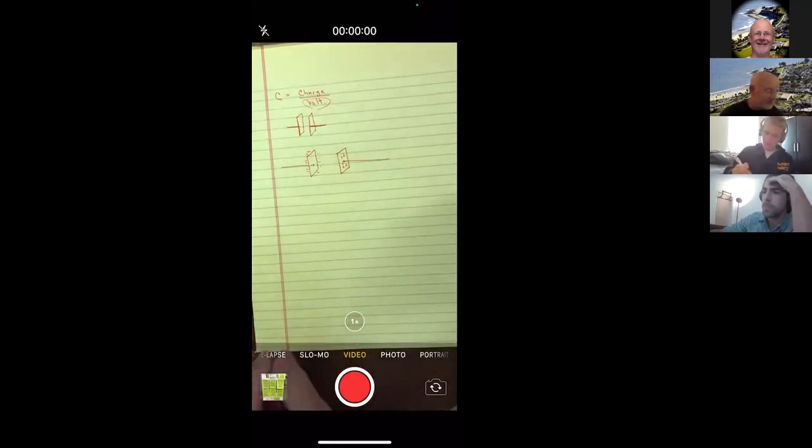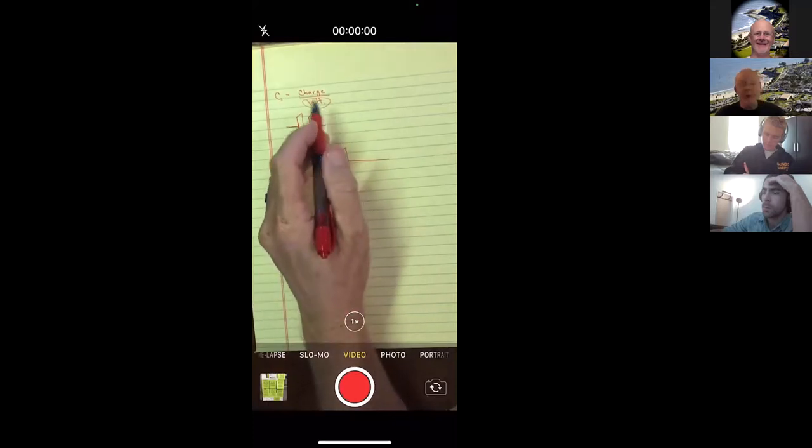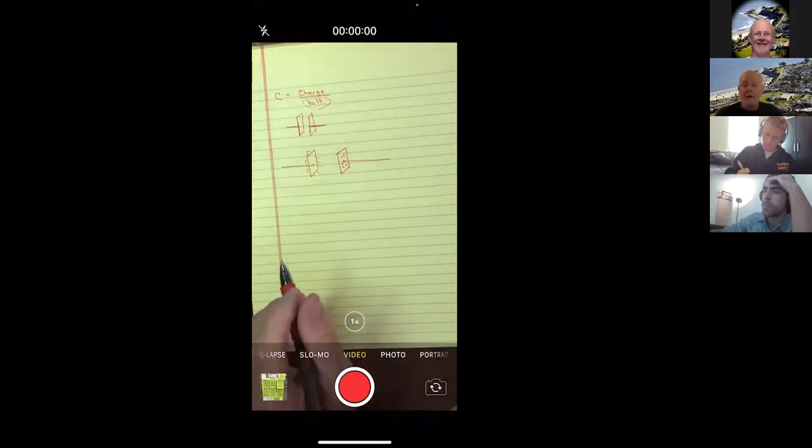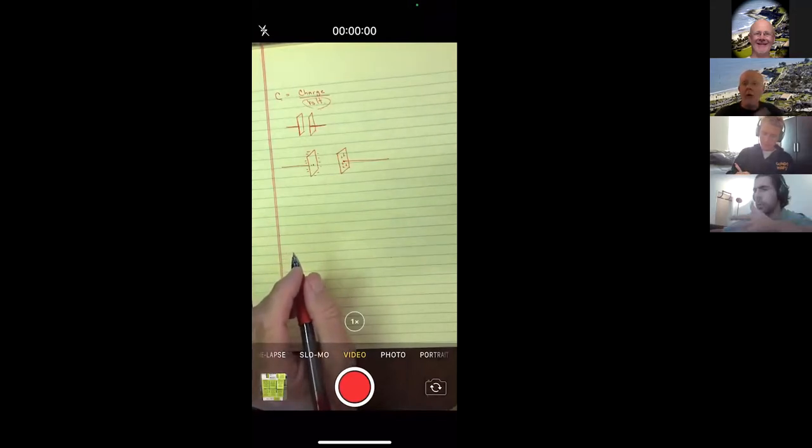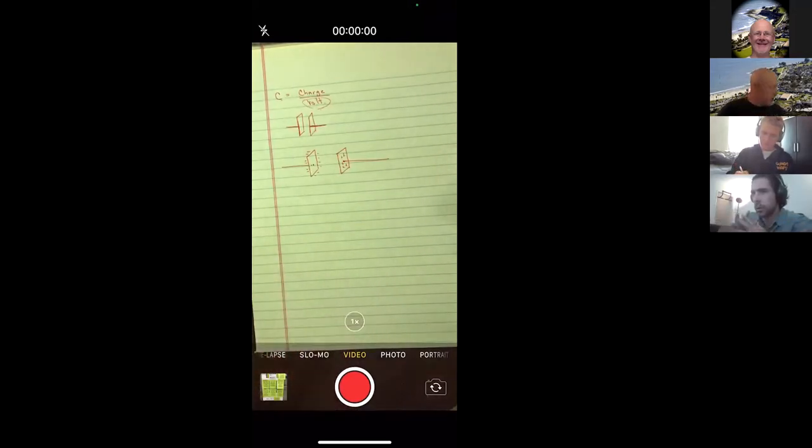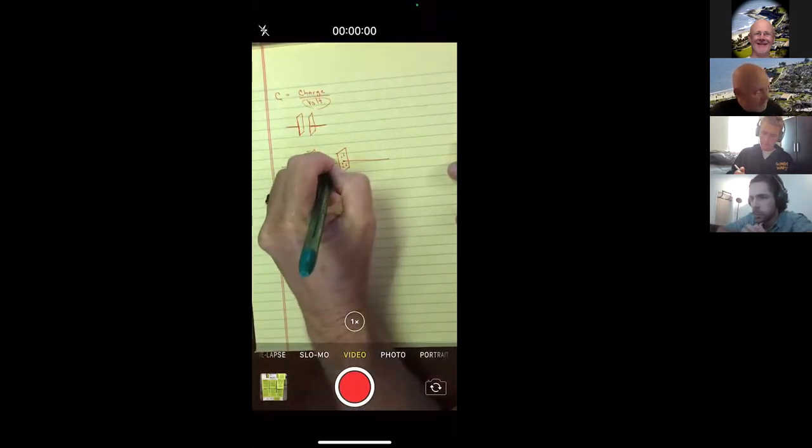Or to put it another way, if you hooked it to 1 volt, how much charge would get there? Because there's a field being created. So if I drew the field in here, it would go from plus to minus. So it looked something like this.